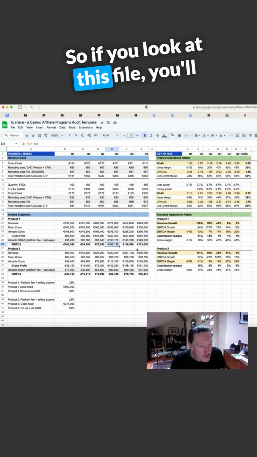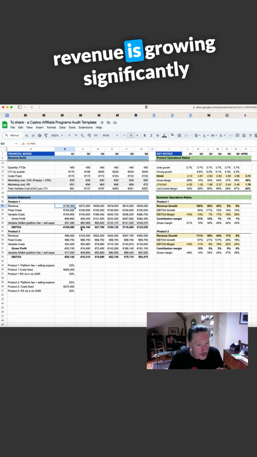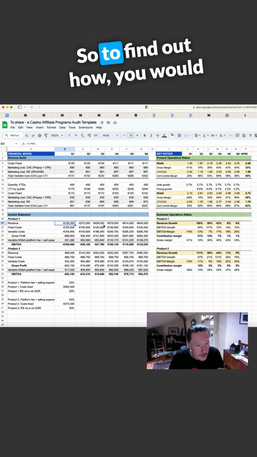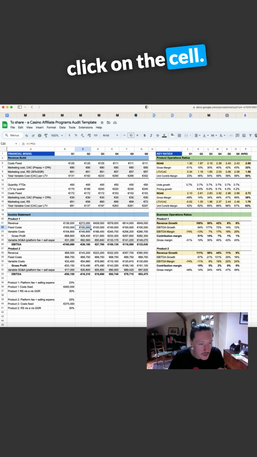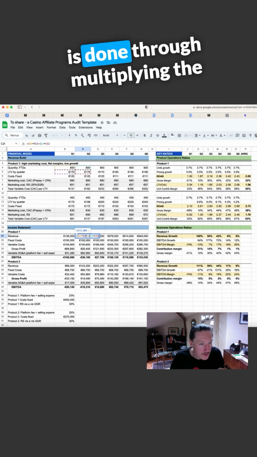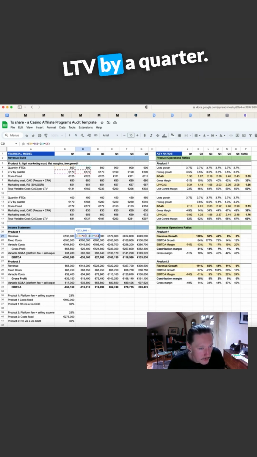So if you look at this file, you'll see the income statement, the revenue is growing significantly quarter by quarter. To find out how, you would click on the cell, see that effectively this is done through multiplying the number of FTDs by quarter with the LTV by quarter.